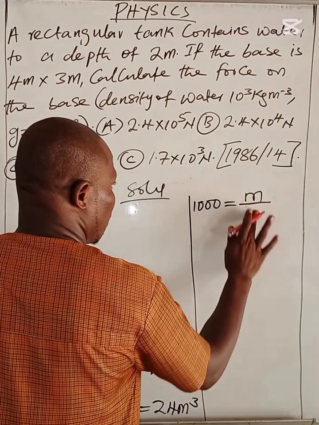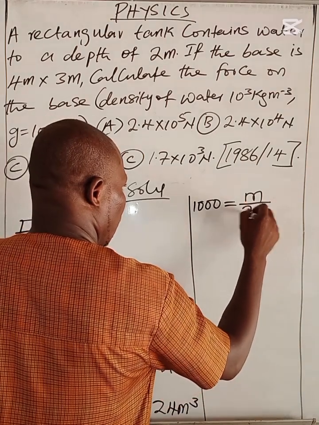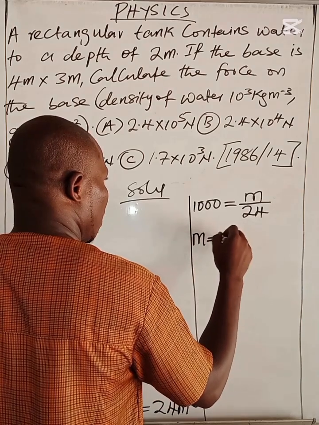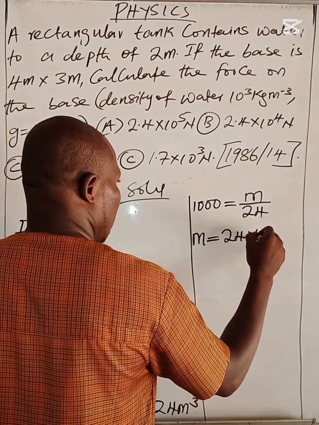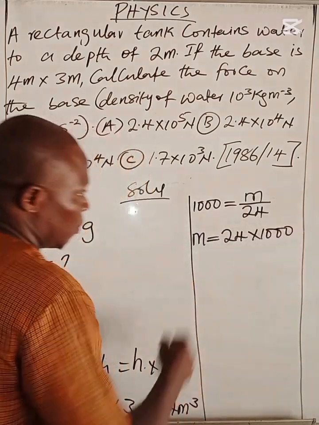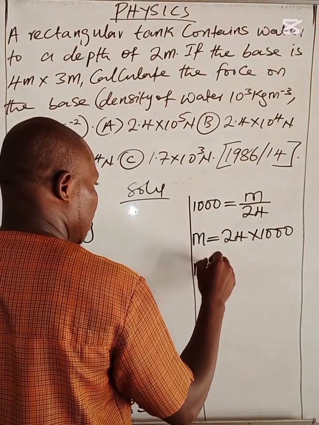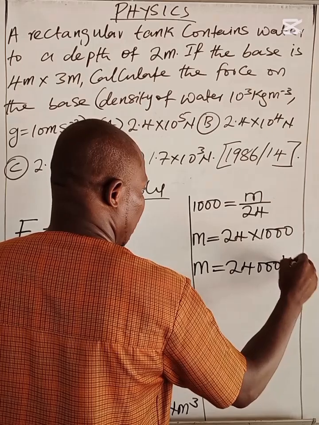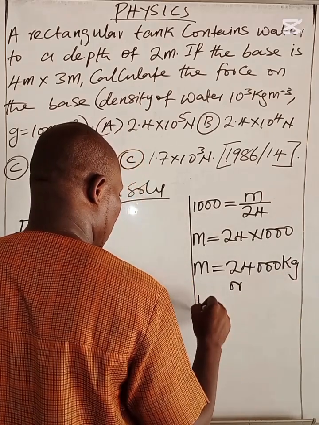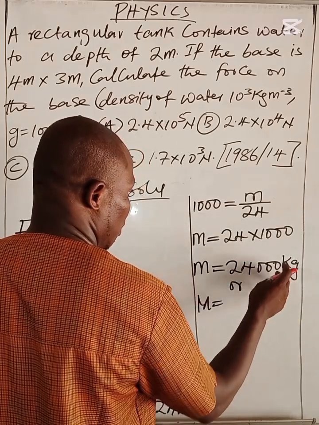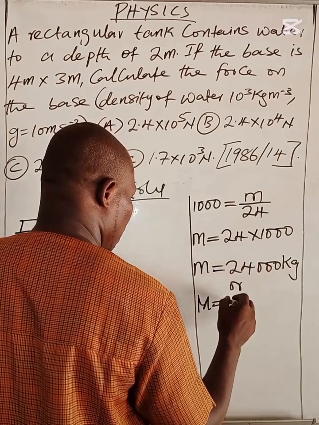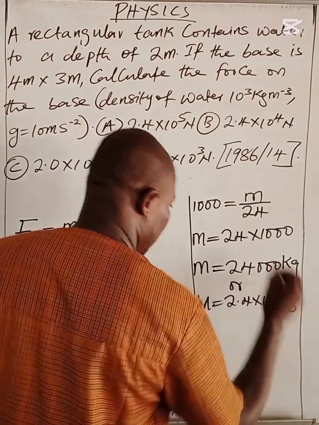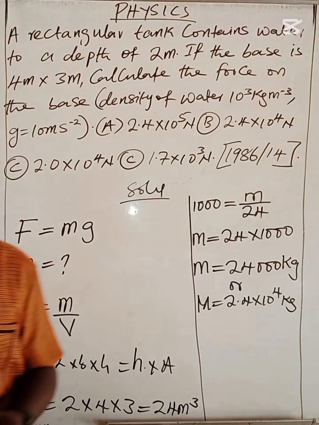Our volume we have found to be 24, so mass becomes 24 multiplied by 1,000, which is 24000 kg, or 2.4 times 10 raised to power 4 kg. So you have found the mass.